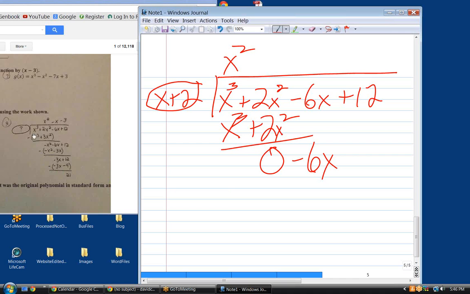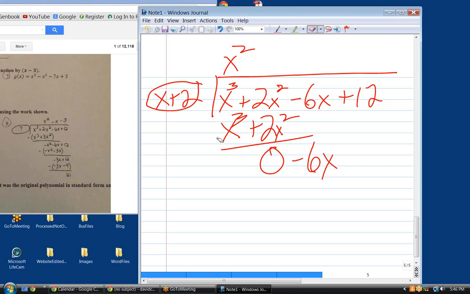How did we get this right here? In other words, we got this by multiplying x squared by some linear factor. Well, what must it have been for me to get this? x plus what? x squared times x plus something equals x cubed plus 3x squared.